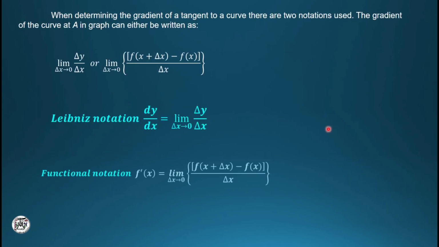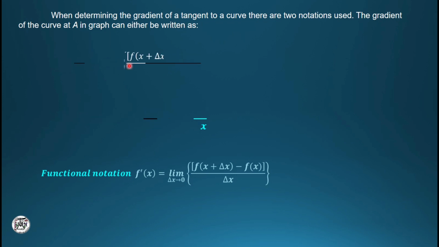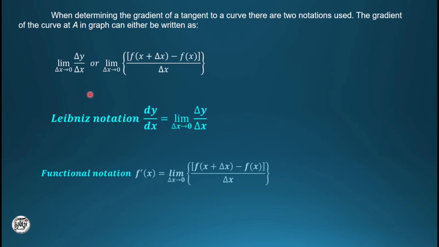Next, when determining the gradient of a tangent to a curve, there are two notations used. The gradient of the curve at E in the graph can be written as the limit of delta y over delta x, where delta x approaches 0, or the limit as delta x approaches 0 of f of x plus delta x minus f of x over delta x.